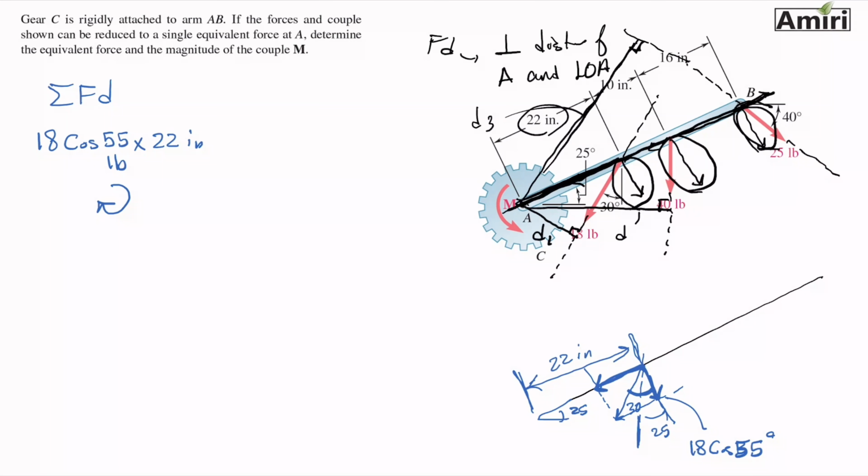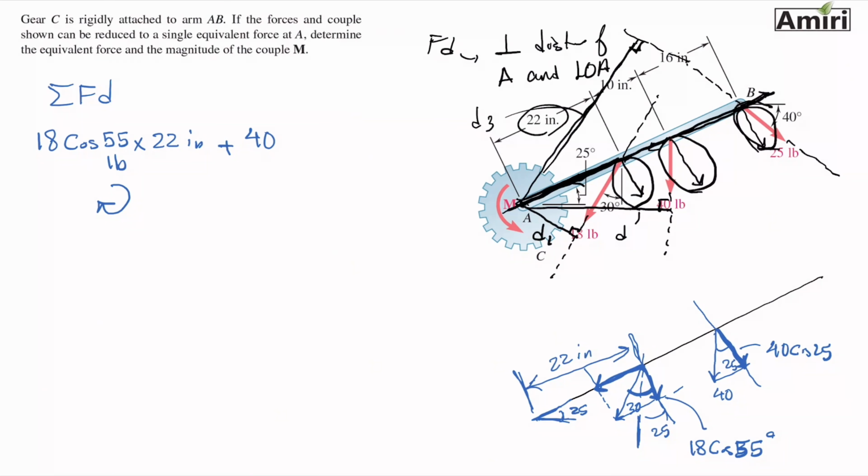Next, we have the 40. This one right here is 25 degrees because the rod has 25 degrees, so the perpendicular line would make it 25 degrees as well. We're only interested in this component right here, and that will be 40 cosine 25.